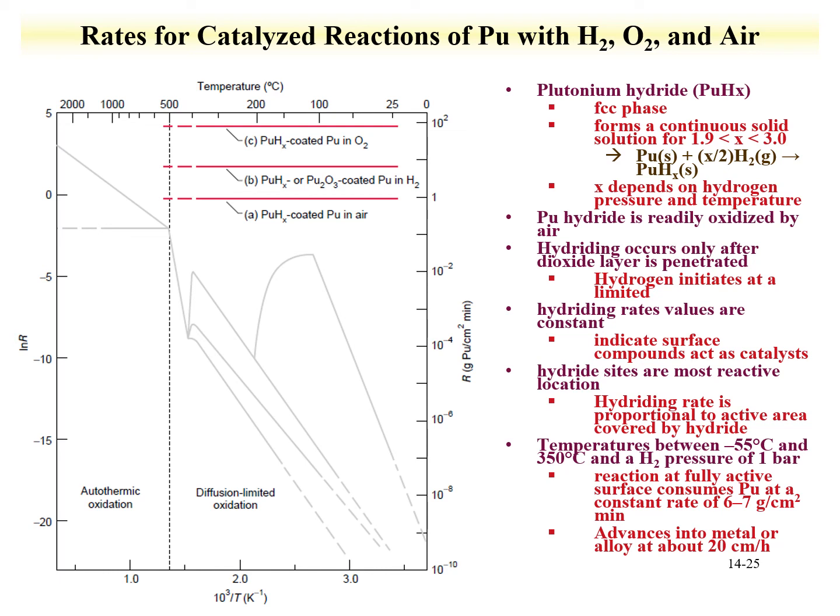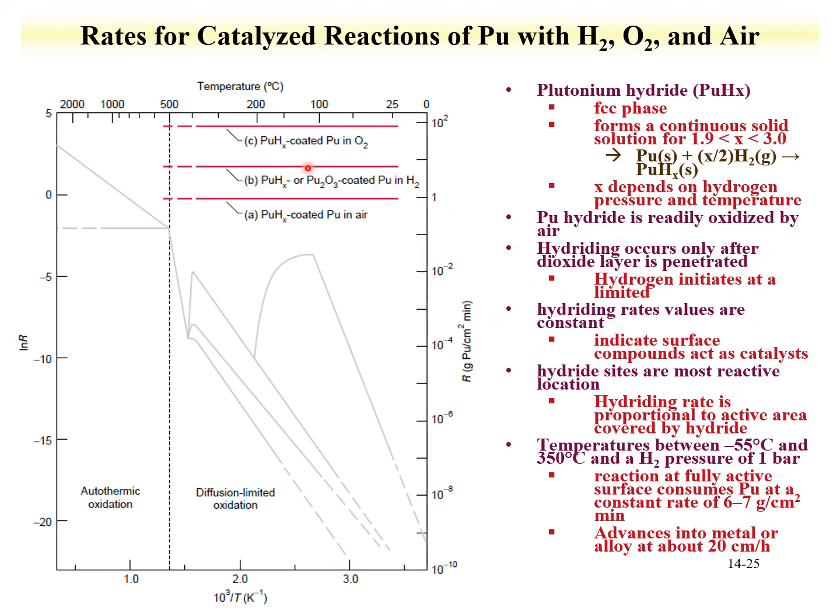And as we see here, this hydride is readily oxidized by air. And then if we go from an air to an oxygen atmosphere, the rate of oxidation goes up. And this hydriding occurs only after the dioxide layer is penetrated. So the hydrogen is kind of an initiating step.